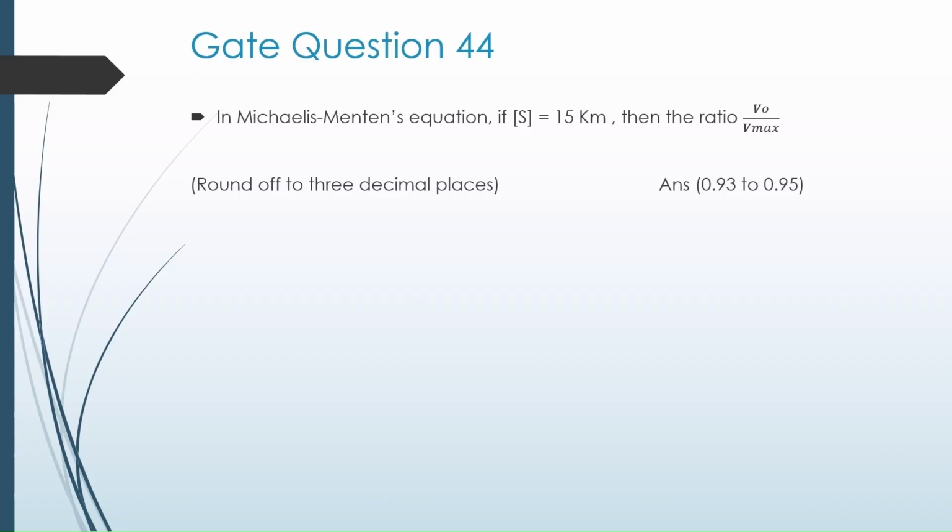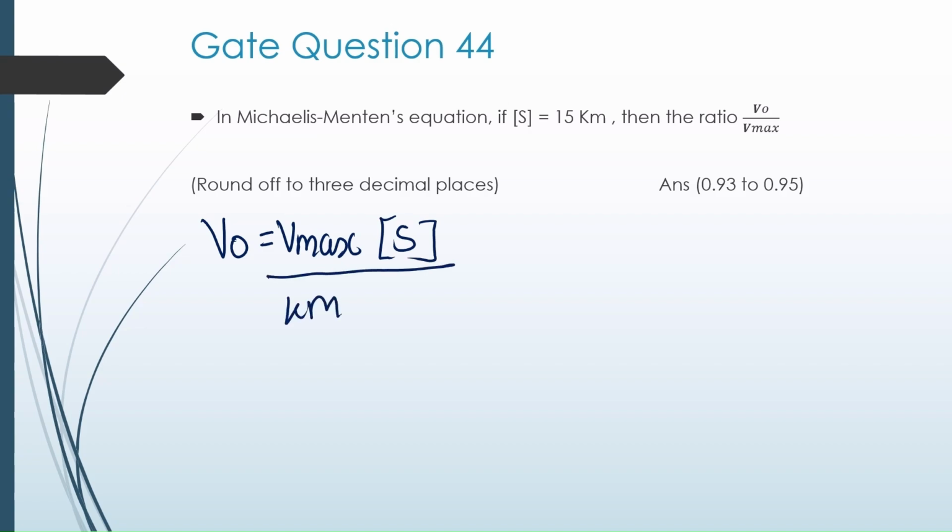First I'll write the Michaelis-Menten equation, that is V0 is equal to Vmax multiplied by substrate concentration divided by Km plus substrate concentration.